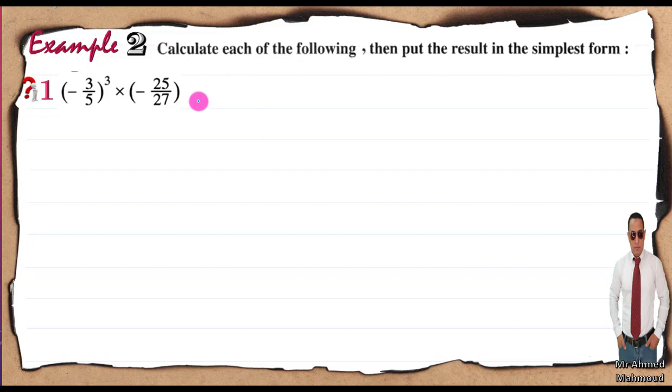First, by looking at the first fraction, negative 3 over 5. Now here the power is odd, so it will be negative, and I'm going to distribute the power: 3 to the power of 3 over 5 to the power of 3 times negative 25 over 27.